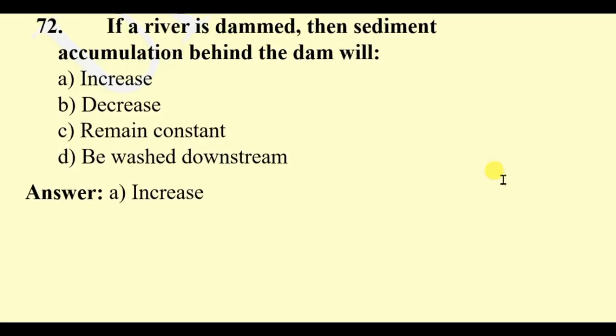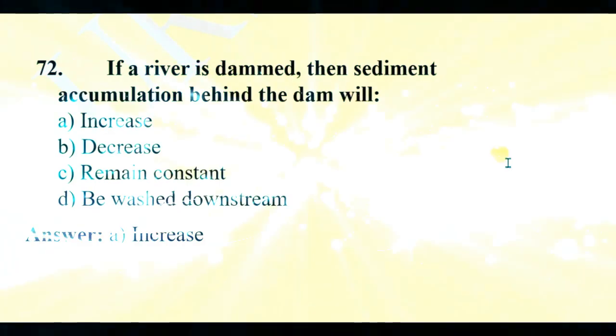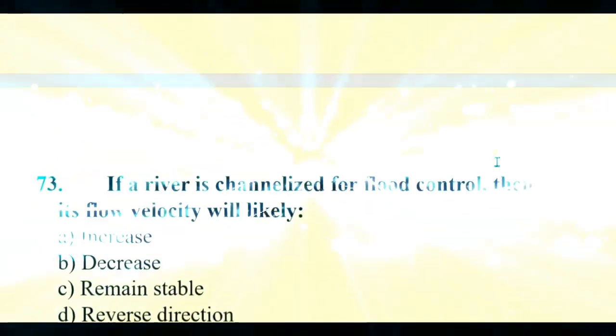Accumulation means deposition will increase. Downstream of the dam, sediment deposition will decrease, and upstream of the dam, sediment accumulation or deposition will increase.